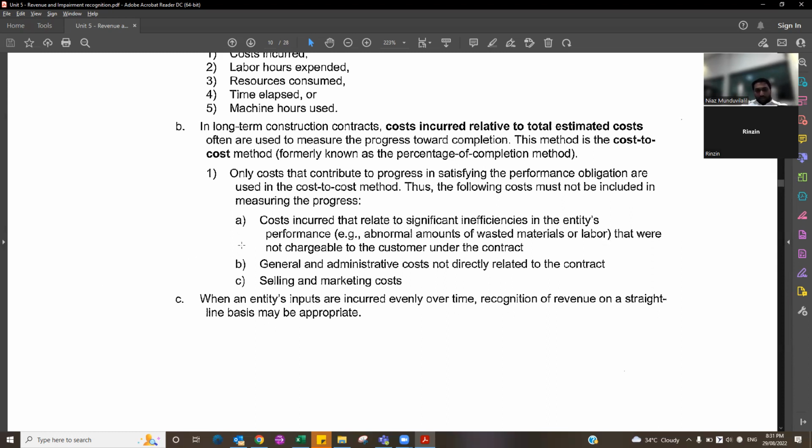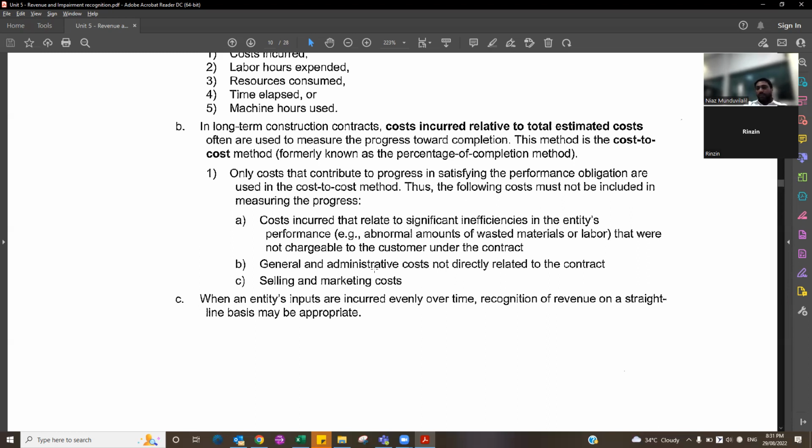The only costs that contribute to progress in satisfying the performance obligation are used in the cost-to-cost method. Thus, the following costs must not be included in measuring the progress. That is, costs incurred relating to significant inefficiencies in the entity's performance. Like, for example, abnormal amounts of wasted materials or labor that were not chargeable to the customer under the contract. Clear?